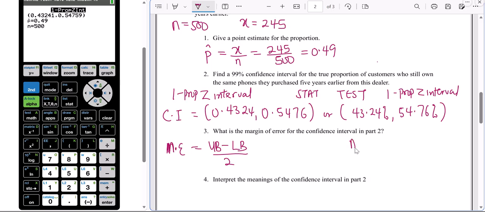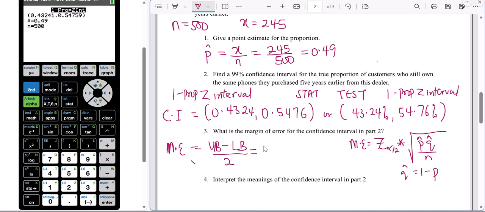The other formula for calculating the margin of error is, you can use the critical value, which is Z alpha over 2, multiplied by the square root of P-hat times Q-hat over N, where your Q-hat is 1 minus P-hat. If you use this formula or this, you're going to get the same thing. But I'm going to use this because it is short and faster.